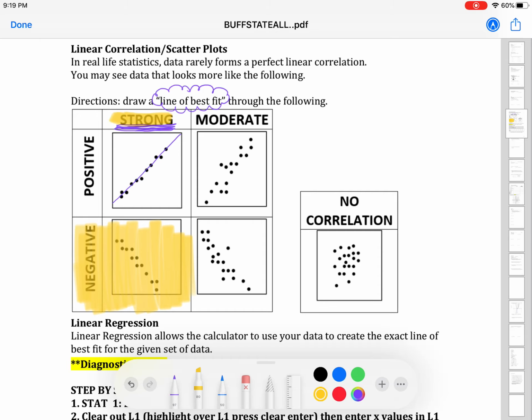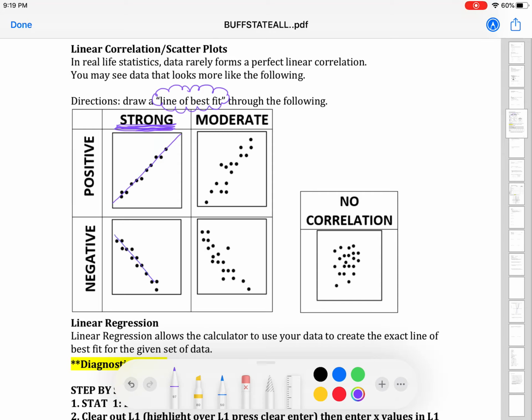Moving on to this one down here. It's still underneath the strong category, but it's negative. This one that I have highlighted has a strong negative correlation. The reason for that being negative, very straightforward, because reading it left to right, your pattern is going in the negative direction. That just tells you it has a negative slope.